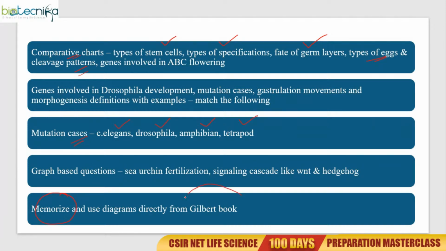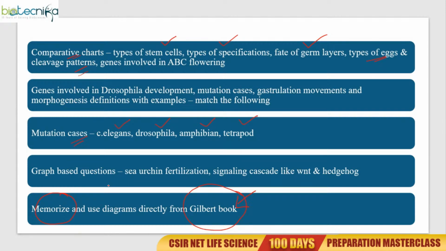And questions come directly from the Gilbert book. You don't have to look for any other sources. When you compare with other units, whether it is biochemistry or cell biology, you have to go for a number of reference books. But this is one of the units where you can focus only on the Gilbert book and easily fetch marks out of that.